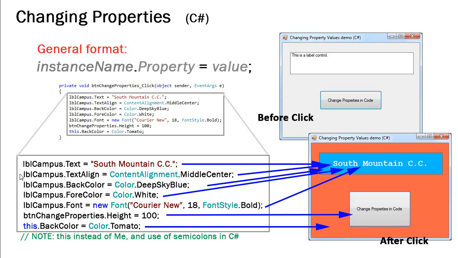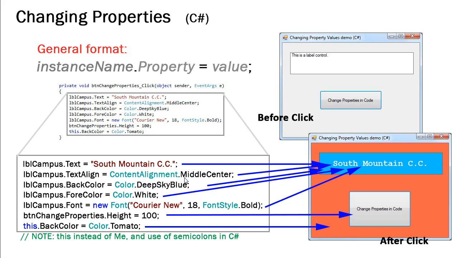The next line changes the alignment of that text through the text align property, and it's being set to a value of middle center, which is a value of the content alignment class. And so we have to specify the class and the value in this case. One nice thing with the IntelliSense of Visual Studio, after you type lblcampus.textalign equals, the IntelliSense is going to show you content alignment as the logical choice to make there.